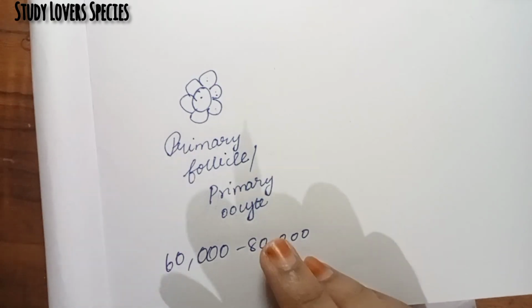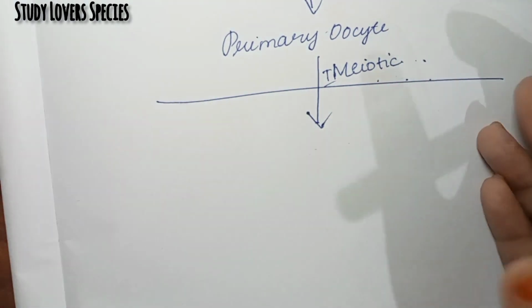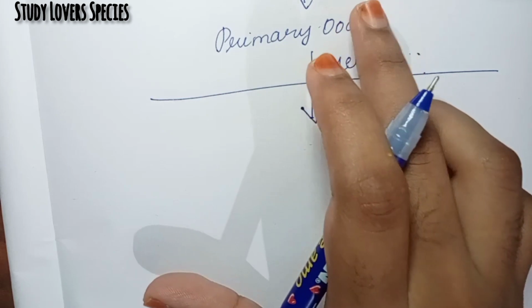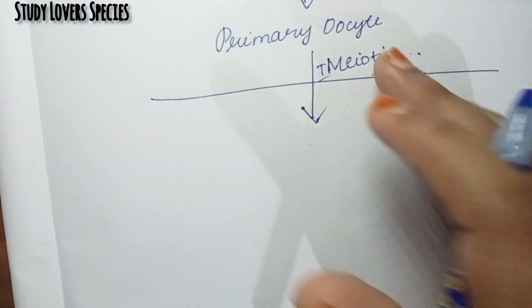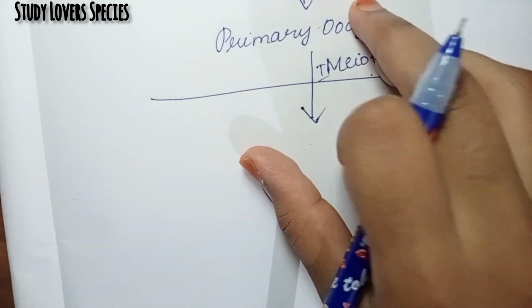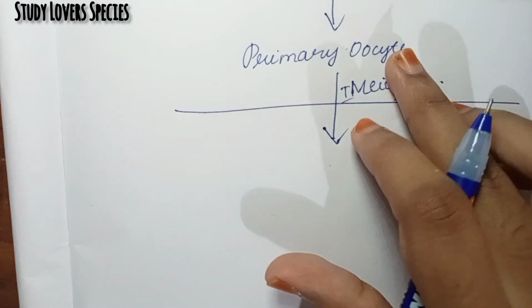Clear? Now once the baby girl attains puberty, the primary oocyte will start changing, that is, the first meiotic division will end. At that time the primary oocyte will not look the same as before. Let's see the changes.